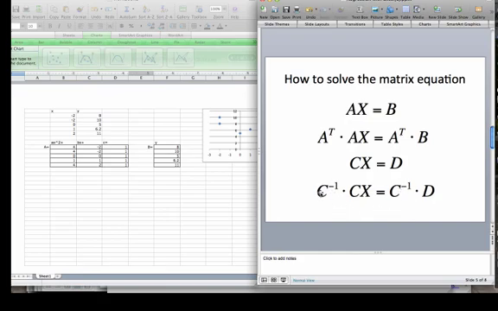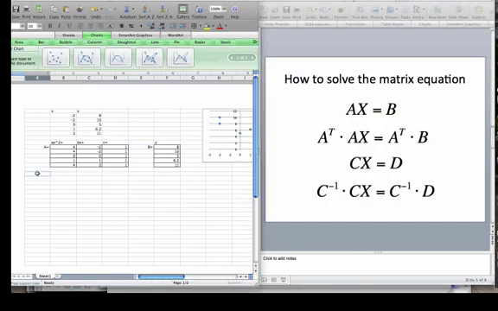When I multiply C inverse times C, of course I get the identity matrix, and the identity times X is just X, so on the left side of the equation I have X, and on the right side I have my answer. So let's go ahead and find A transpose.